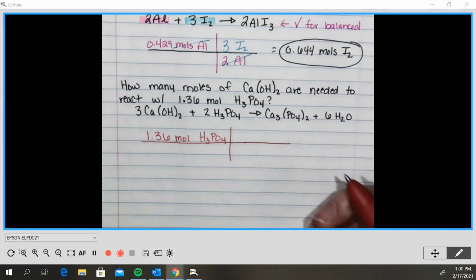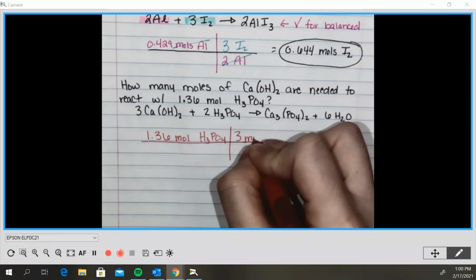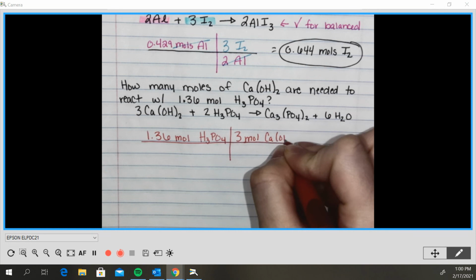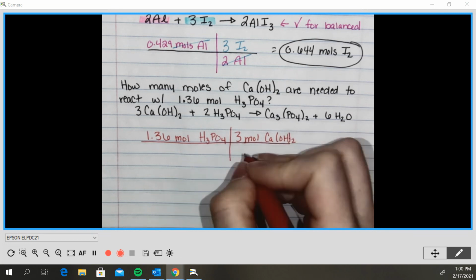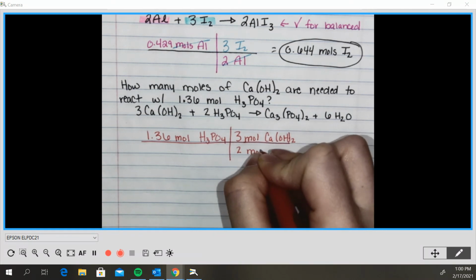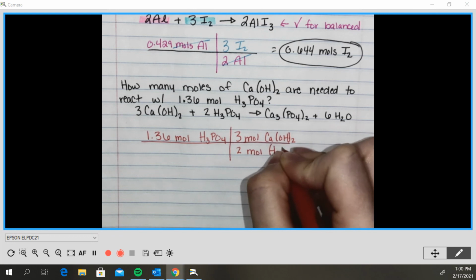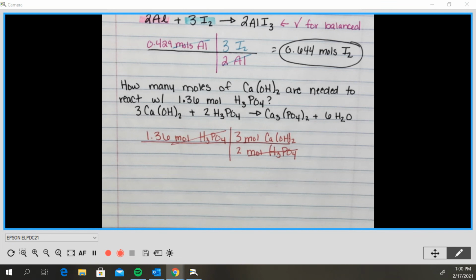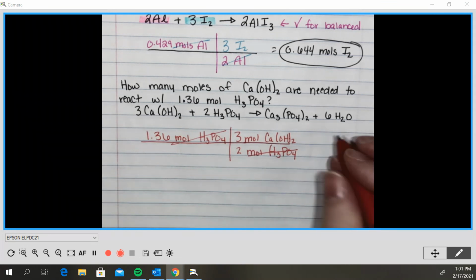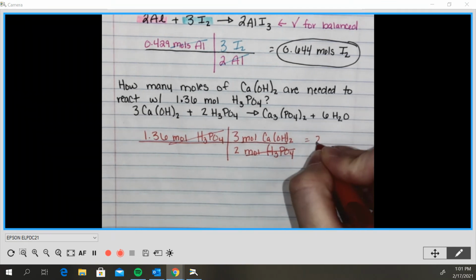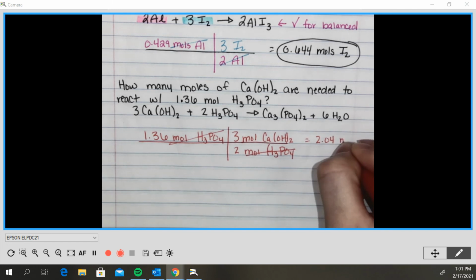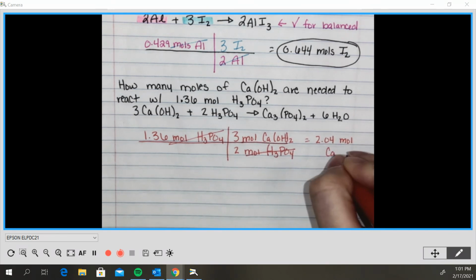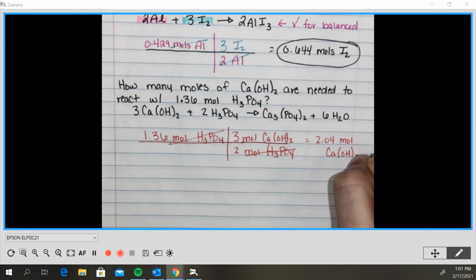Then you should have multiplied it times 3 mole of CaOH2 over 2 mole H3PO4. That way your moles of H3PO4 cancel out, and you eventually would have gotten an answer of 2.04 moles of CaOH2.